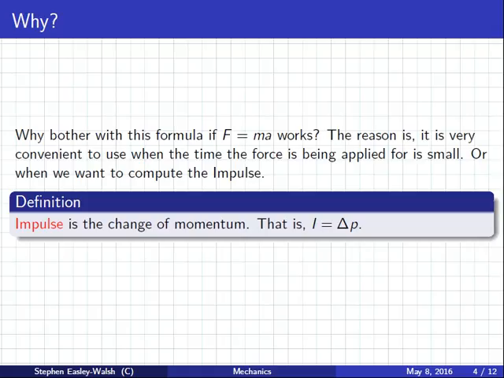Because it's mv, which is big, minus mu, which is zero. So in other words, this being big means something dramatic happened. Do you understand the importance of it? When you're talking about collisions and safety, it's not the force that you care about, it's the impulse.